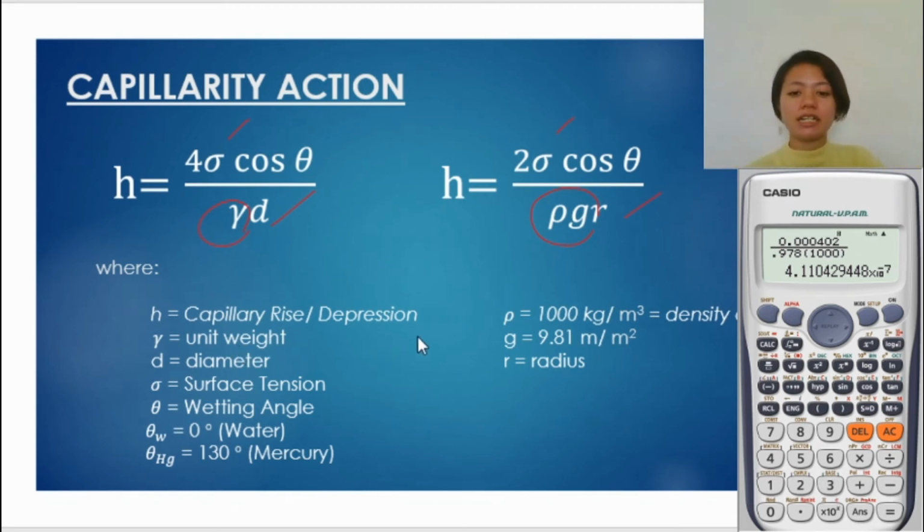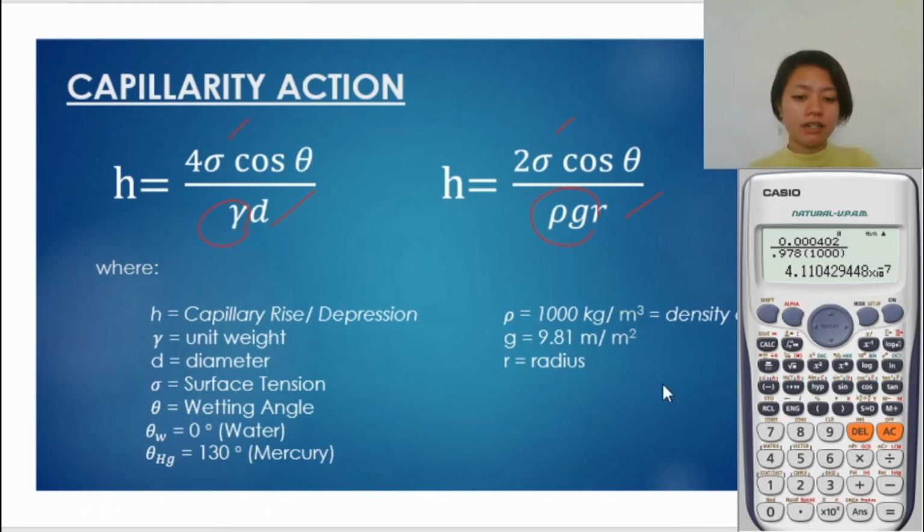So we have here H as your capillary rise or depression, gamma as your unit weight, D as your diameter, omega as your surface tension, then theta as your wetting angle. For theta of water, we have 0 degrees. Then for theta of mercury or Hg, we have 130 degrees.